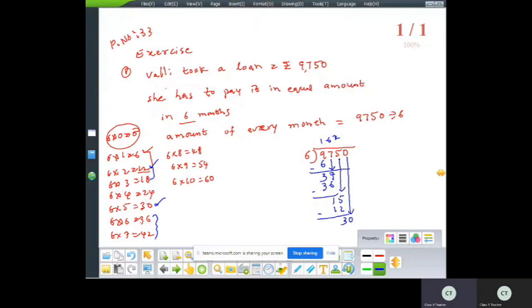In division, our main answer is the quotient.